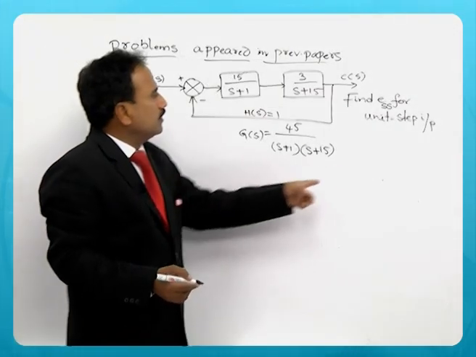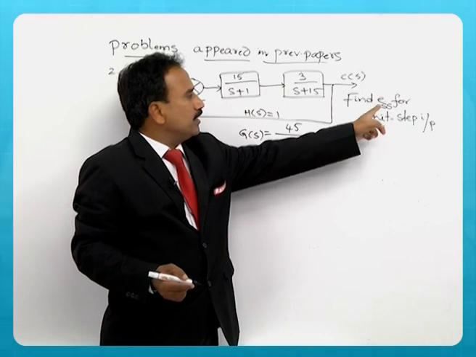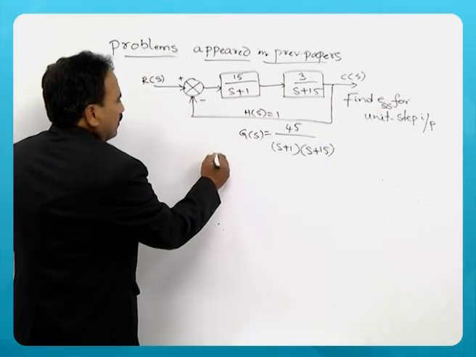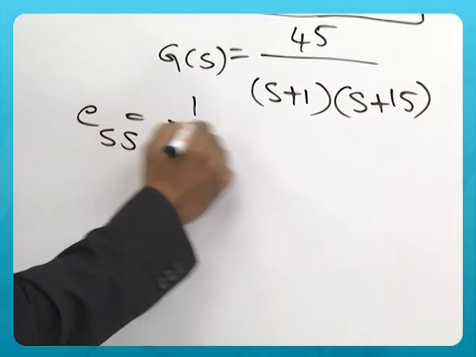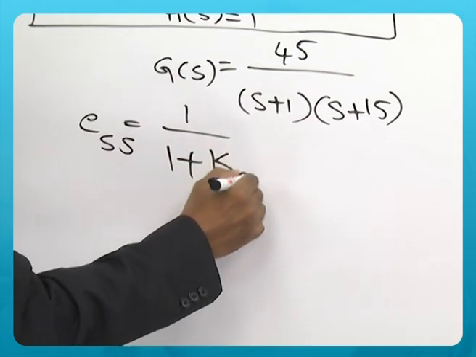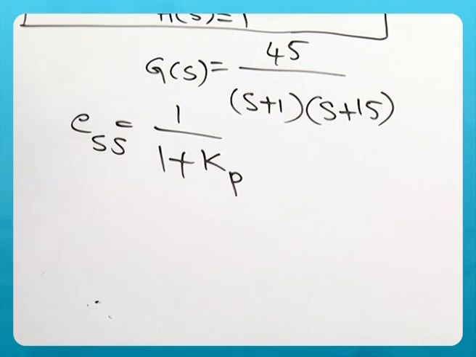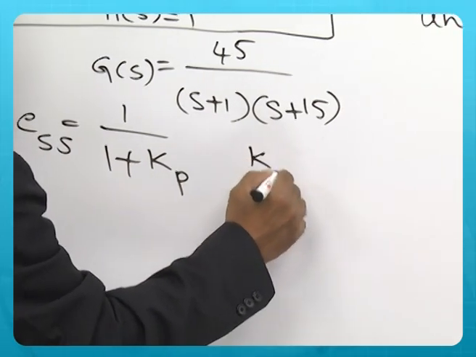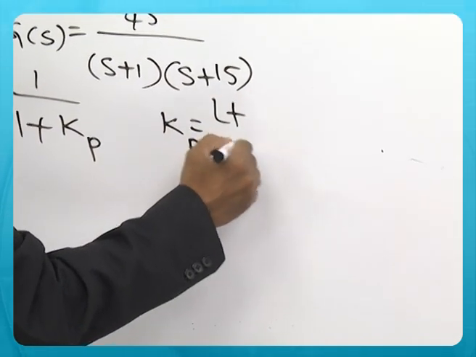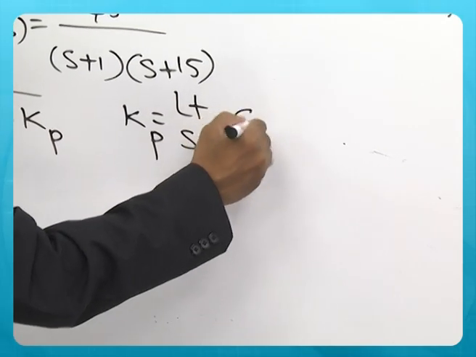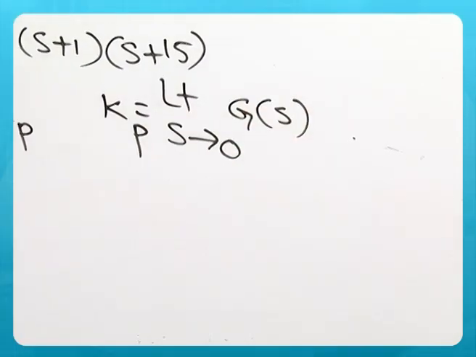As you know, for unit step input the steady state error ESS is given by 1 by 1 plus Kp, where Kp is the position error constant, and this is to be calculated using limit s tending to 0 of G of s.